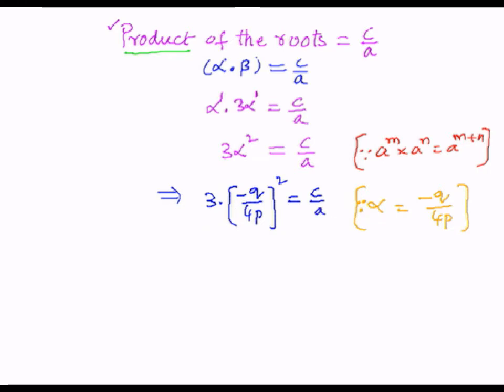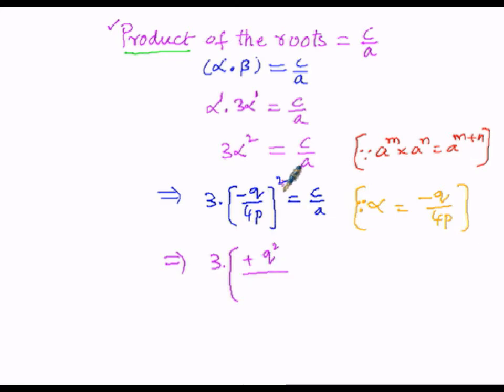Then the next logical step will be 3 into minus, which must be multiplied twice. Minus of minus is plus within the bracket, q square, since q must be multiplied twice, q into q is q square, overall divided by 4p whole square.